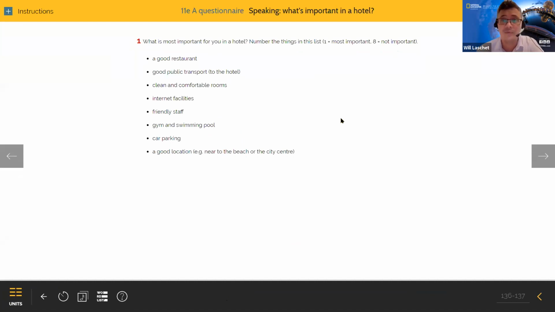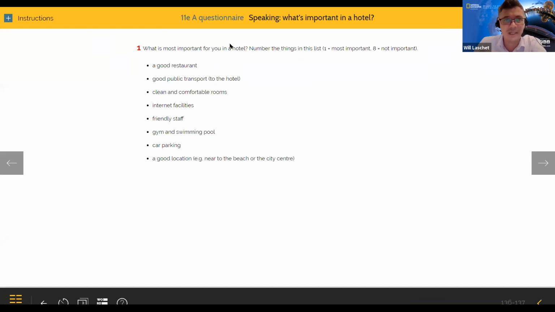So we've got here, you can read them yourself. And the task that students have to do is actually to rank these or number them in terms of how important they are, from a good restaurant to things like car parking, internet facilities. Now, as we are online, and you can't discuss with your partner, we're going to do this in the form of a poll. So I'm going to put the poll on the screen.